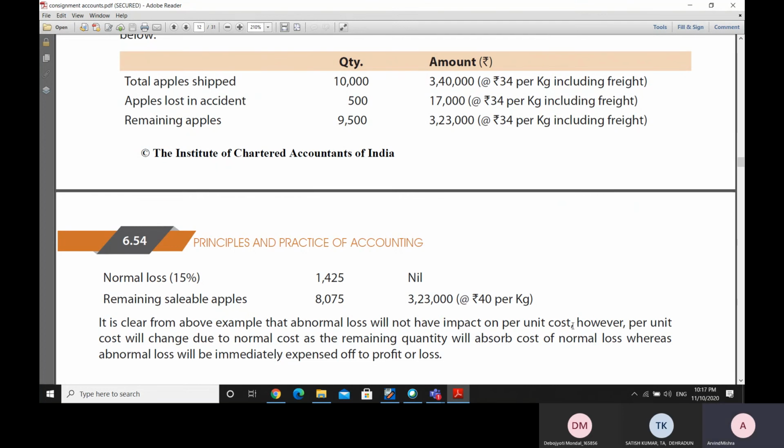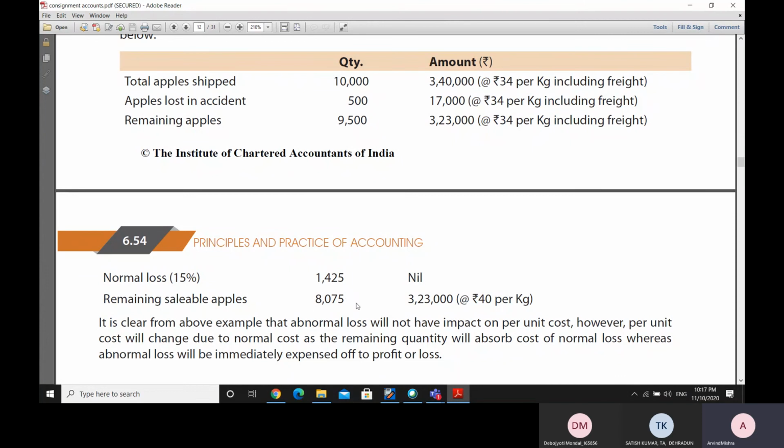So it will not load on to the price or to the cost at all. But as far as normal loss is concerned, the normal loss cost will certainly load on to the cost, because the same amount will now be distributed over a lesser number of apples. If there were more apples, the cost per kg would be lesser.